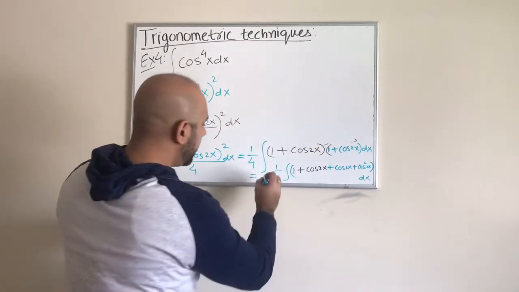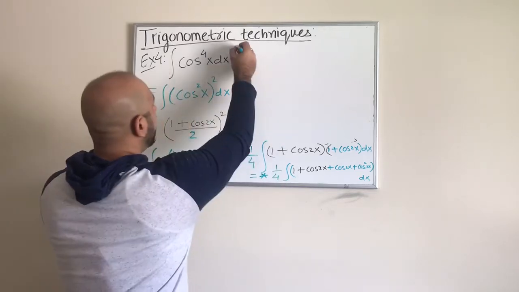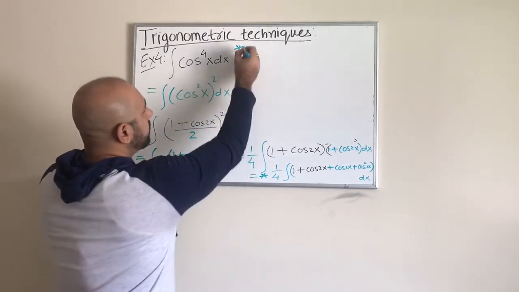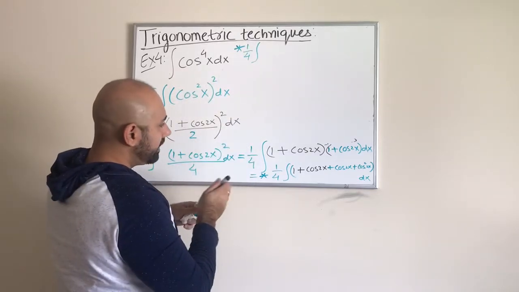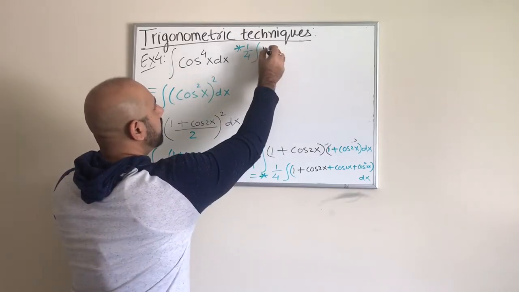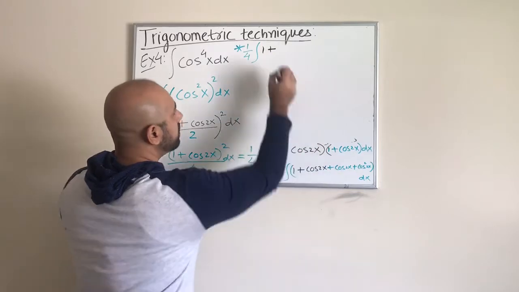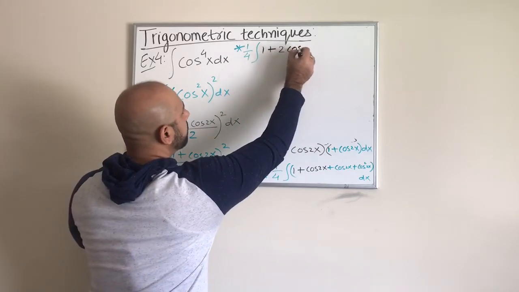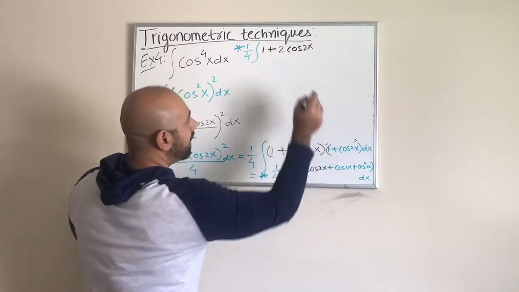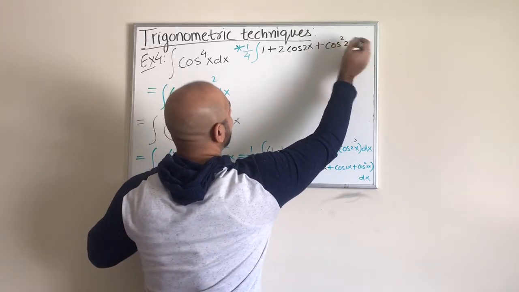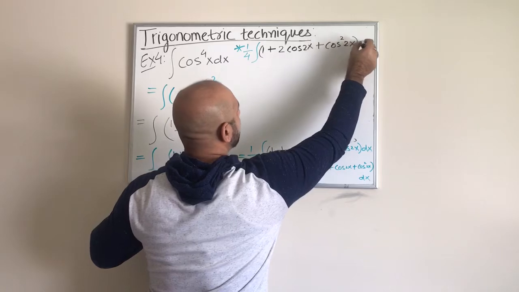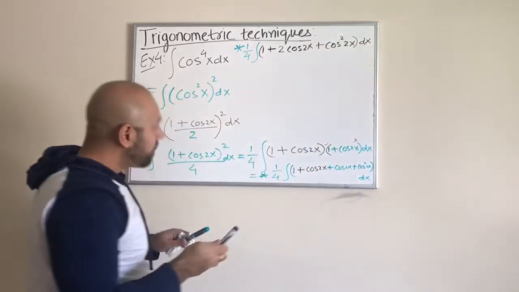Let's put a star here, and I'm taking it up right here. So I'm going to write 1/4, then integral, and inside the integral I have a 1 plus, this is 2 cosine of 2x, and then I still have a plus cosine squared 2x, in parentheses, and then a dx.